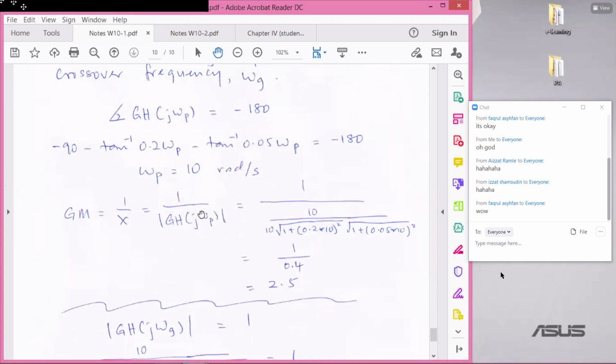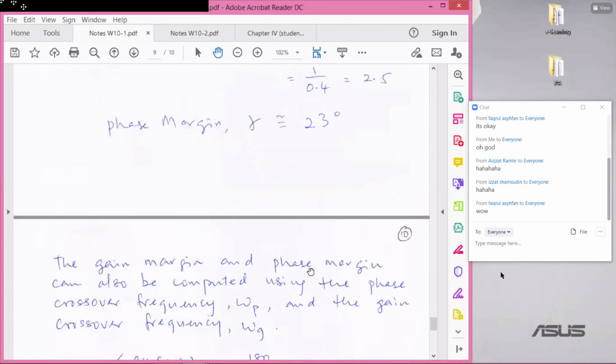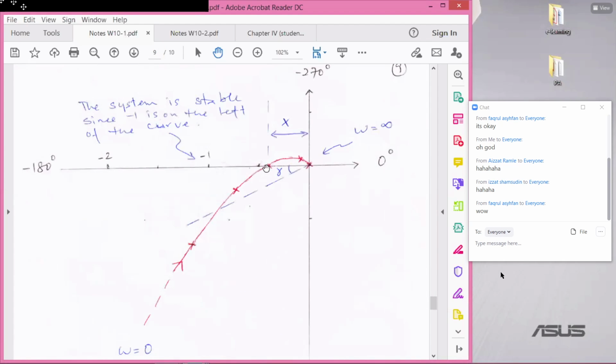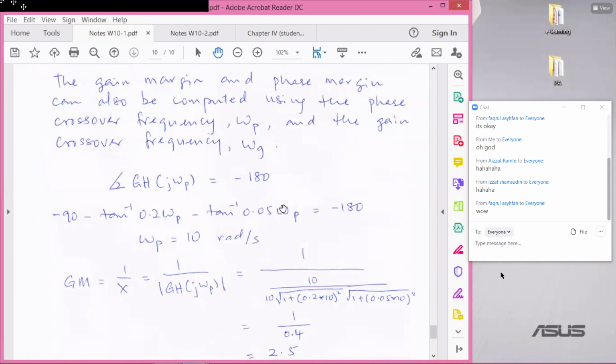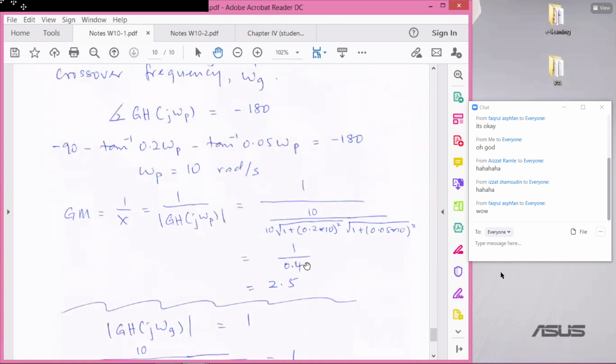So it's 1 over the magnitude. Substitute frequency equal to the phase crossover frequency, and of course you get 0.4, which is exactly what we read from the graph. Amazingly, the magnitude at 10 is 0.4, and from there the gain margin is equal to 0.5.